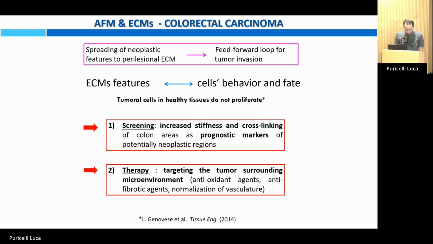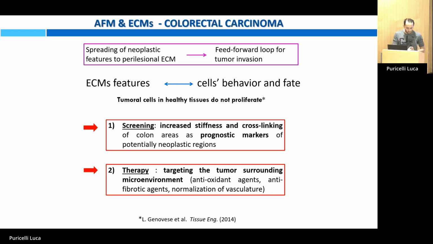and that can also be used for therapy purposes if we imagine not targeting the cells but the environment in which the cells live, since it has been proved that tumoral cells seeded into healthy tissues do not proliferate.